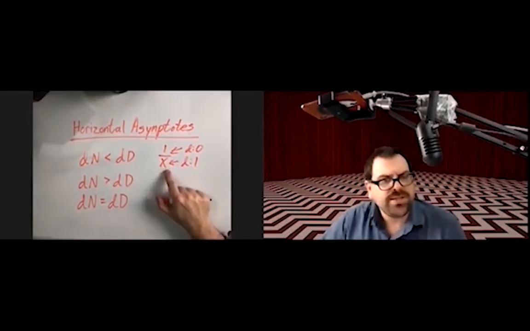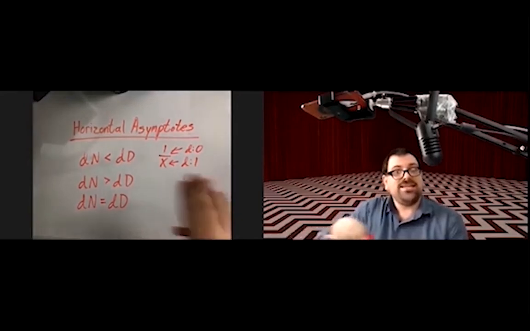Degree of the numerator is less than degree of the denominator. And remember, we started out by looking at the graph of this function. The graph of this function had a horizontal asymptote at 0.